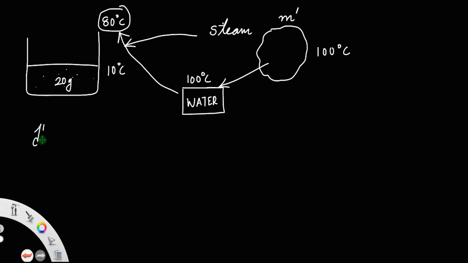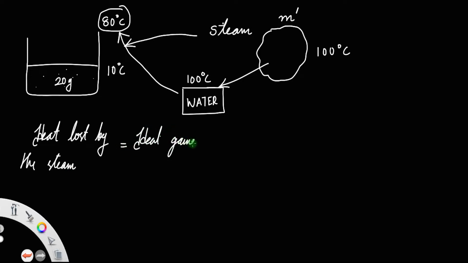So, heat lost by the steam is equal to heat gained by the water. Since this steam has to undergo two processes, first the steam has to convert itself to water.